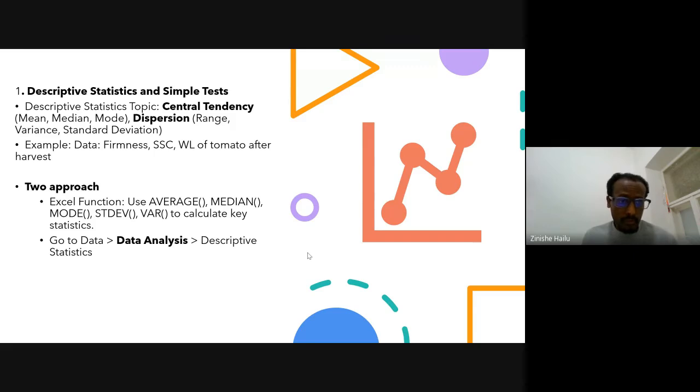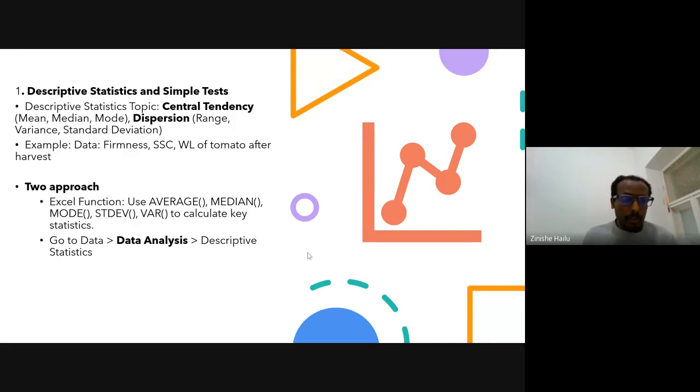The first one is to use Excel functions, like the average function, median, mode, standard deviation, and variance. These are functions that exist in Excel, so we can use them directly and get the result.